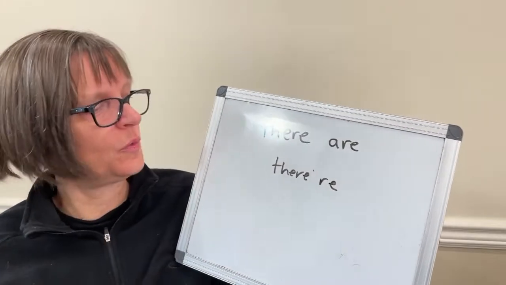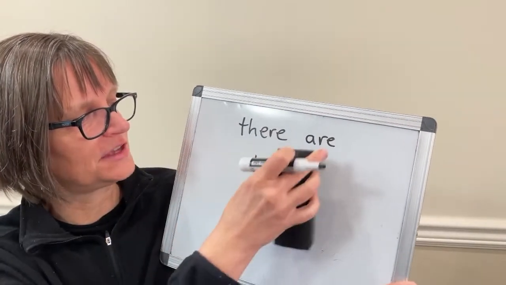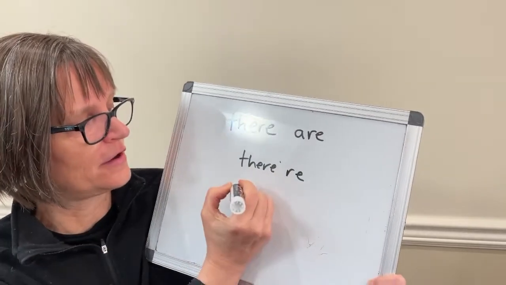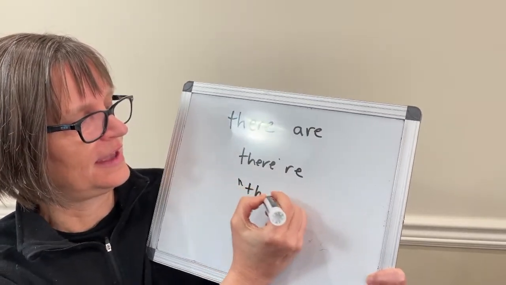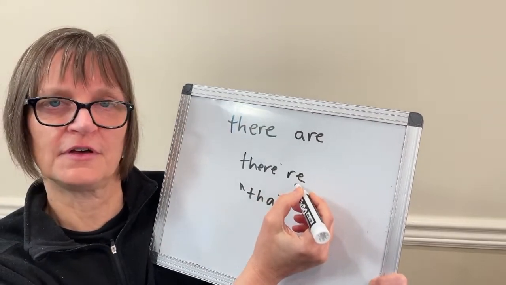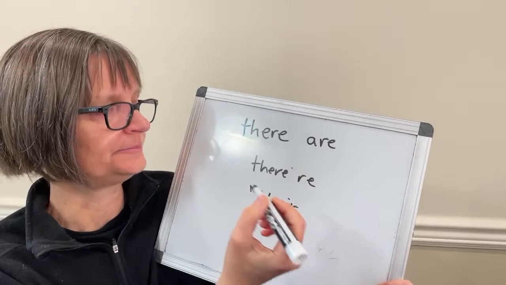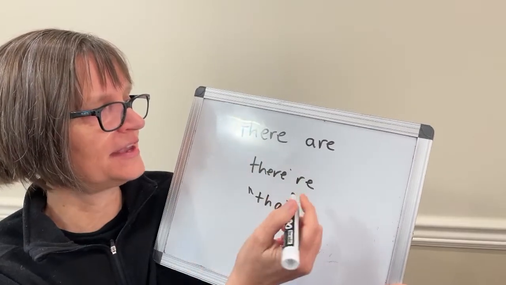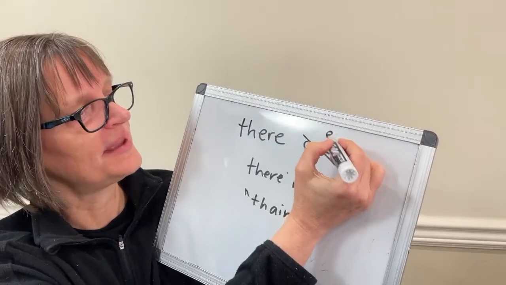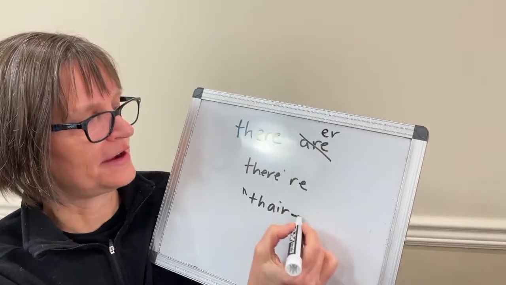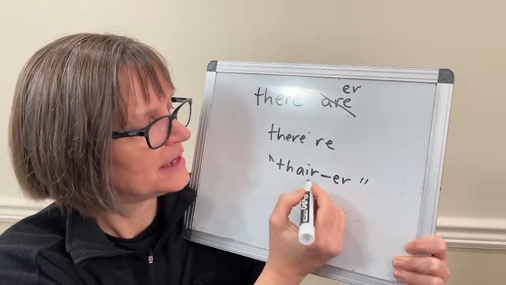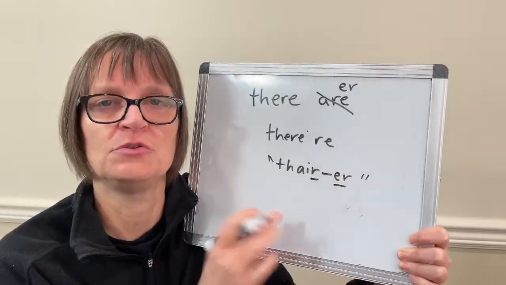And the way I would think of this and write it is I would rewrite there, first of all, with the air sound. And then when we have the RE, in the case of there, we just take the R and make it more of an R. So there. That's not easy because we have to do two R's in a row.